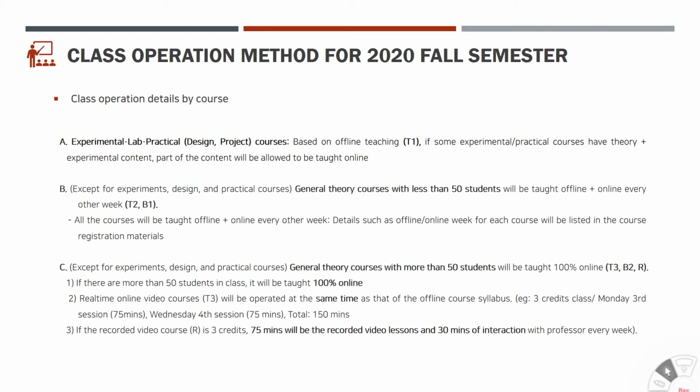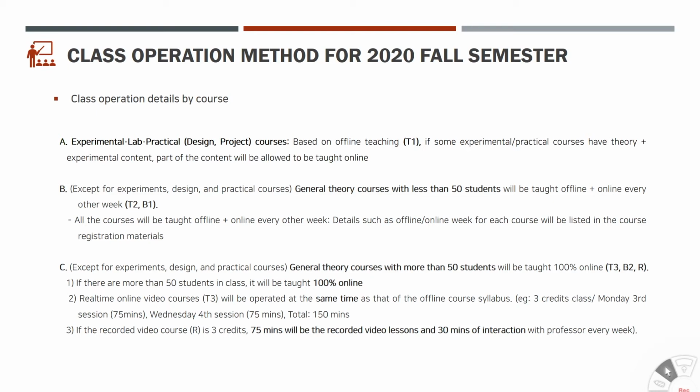Second, general theory courses with less than 50 students would be taught offline plus online every other week. For example, if I have an online class this week, then I'll have an offline class next week, and then an online class again, so it'll be on and off.